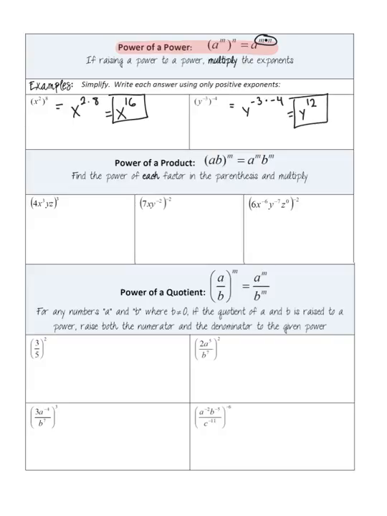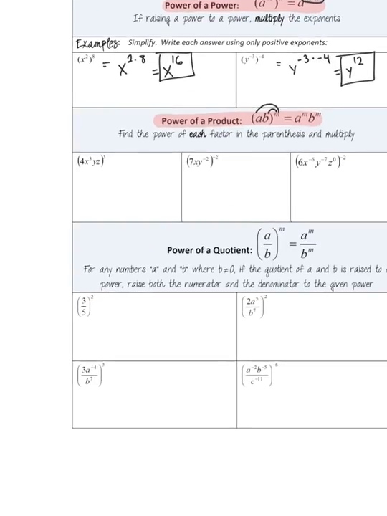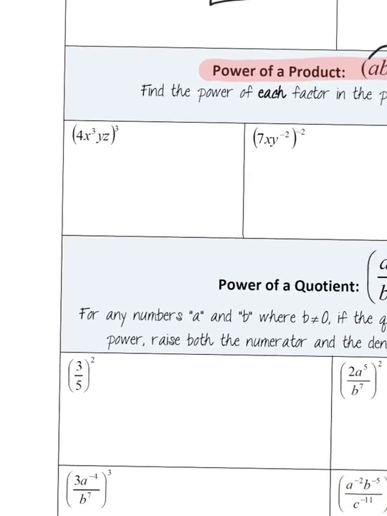Now let's take a look at the power of a product. That means that you have 2 things in parentheses that are being multiplied together, and you're going to kind of distribute that exponent onto each of the things being multiplied together. So let's look at this one.